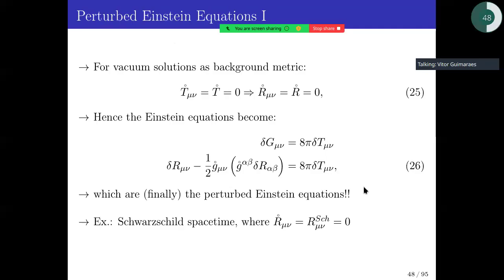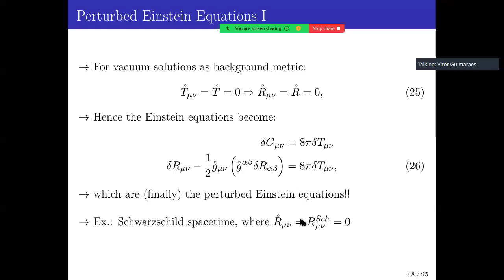And so we get a much simpler perturbed Einstein equation, right? If you want to look at the perturbation far away from sources, just as we did in the previous lecture, we can always set this equal to zero and solve these equations for the homogeneous version of this, right?